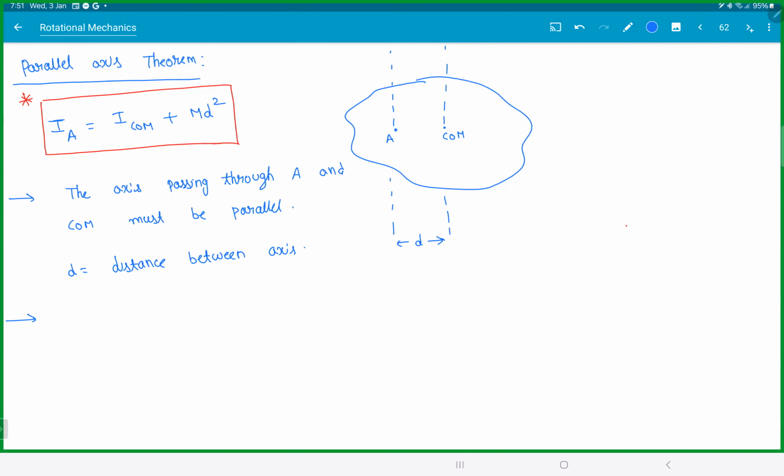Tell me one thing. Listen to the statement, okay? Let's say in a class, the height of the student is the height of the teacher plus the distance between student and teacher. You get the statement?